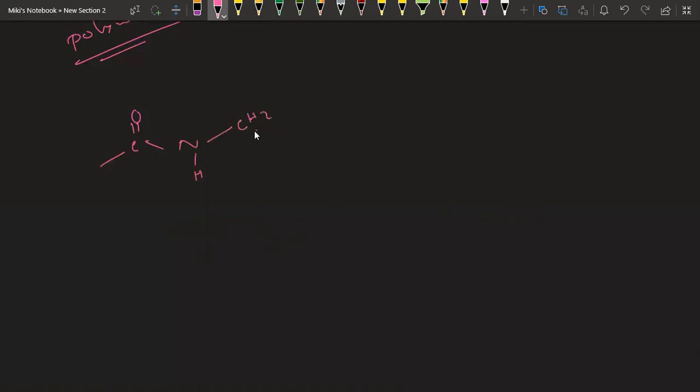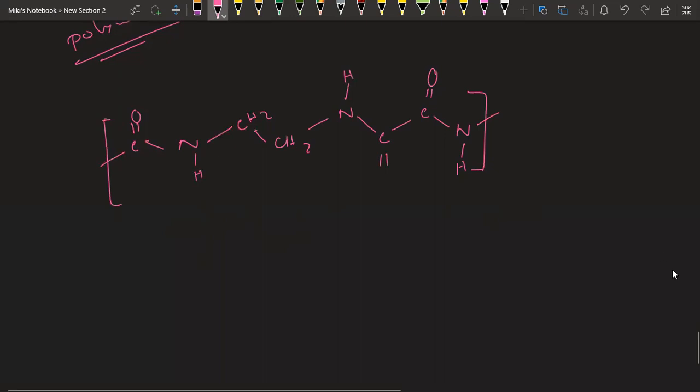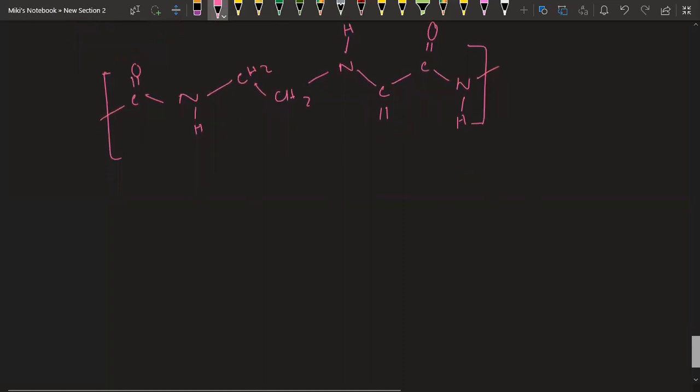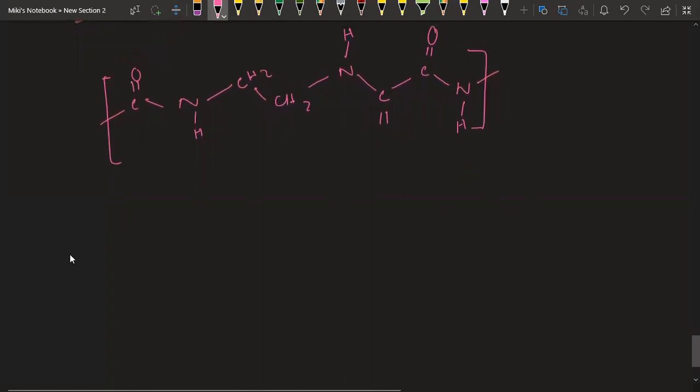I would urge you to try the structures by yourself, based on the knowledge you just learned, and try to identify which are the repeating units. So let's say this is the structure given, and you need to identify how many monomers are present and what they are.